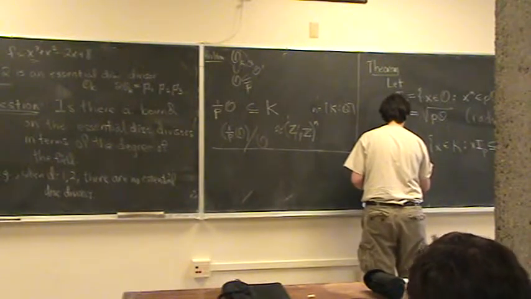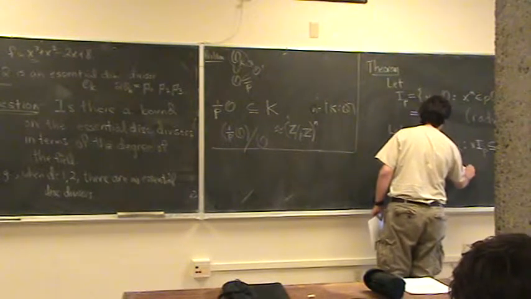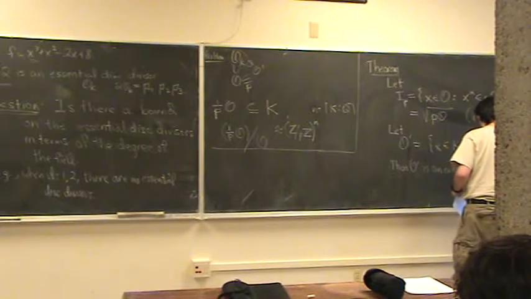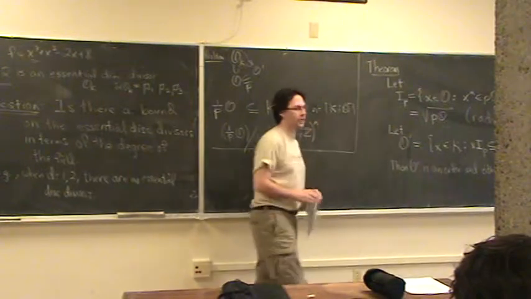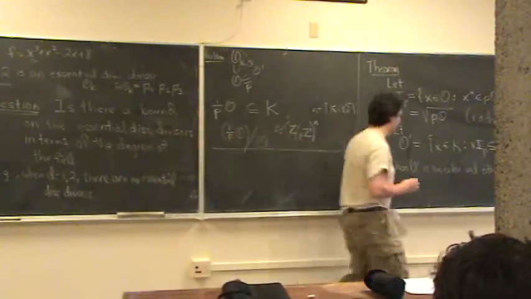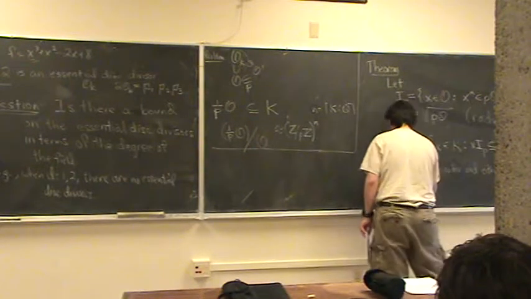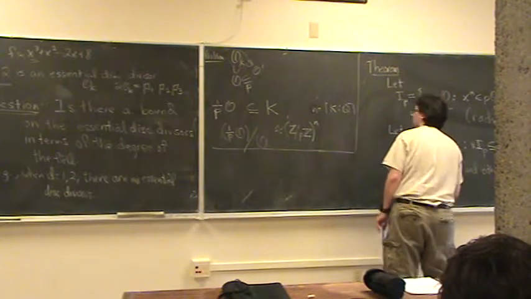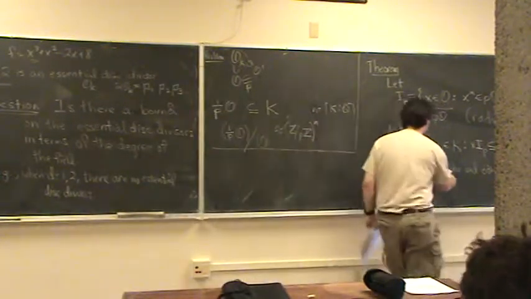Then O prime is an order, and either O prime equals O, in which case O is already P maximal. That's the main difficult part to prove in this statement. In which case O prime is P maximal, meaning that the index of O in OK is co-prime to P.